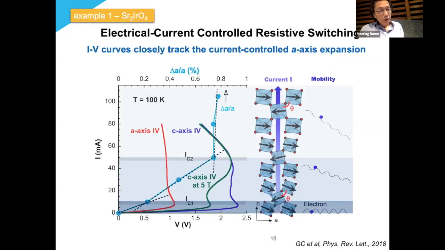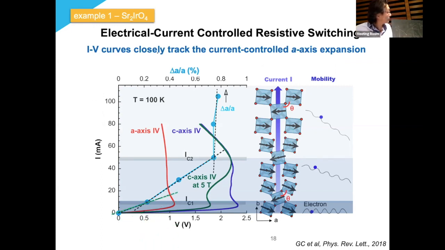So in order to go back to our initial motivation to study this, this is the IV curve, and then this is the A-axis expansion. So now we have some understanding of this unusual IV curve. You can see when we put everything together here, the IV curves closely track the current-controlled A-axis expansion.